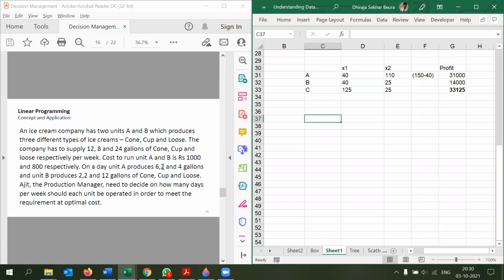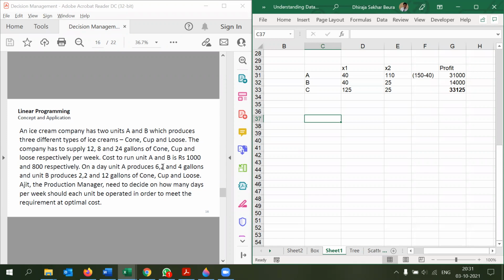Now, the next sentence says on a day, unit A produces 6, 2, 14 gallons and unit B produces 2, 2, 12 gallons of cone, cup, and loose. Is this a constraint? Again, constraint. Why? Because it again talks about limited capacity. You cannot produce more than 6, more than 2, because it says on a day only this much you can produce.